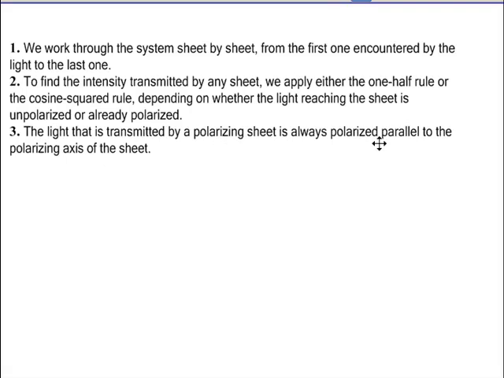And the light that comes through a polarizer is always polarized parallel to the polarizing axis of the sheet. Whatever comes through we know is polarized in that direction, and we just go to the next sheet and work from there.